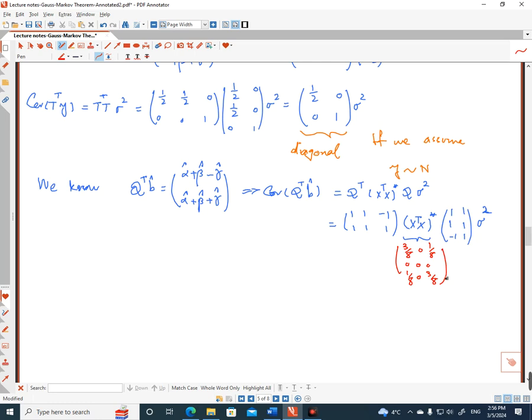If we do a little bit of computation, we can easily see that it is equal to, once again, half 0 0 1 sigma square. And it is nothing other than the covariance of T prime Y.